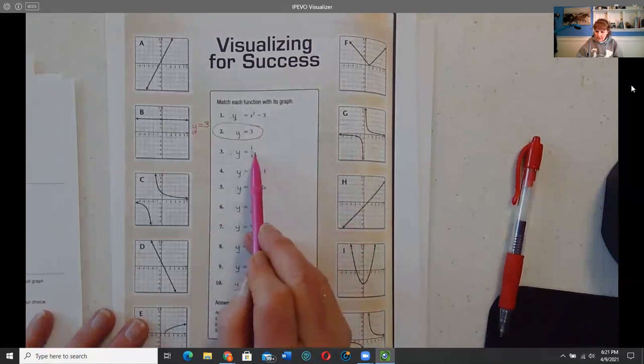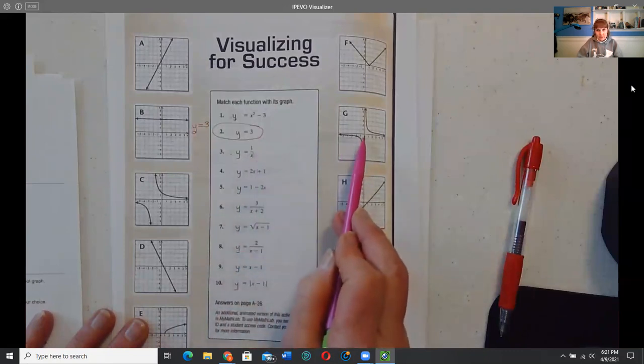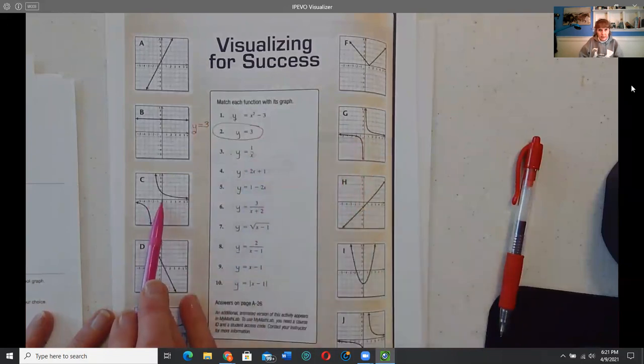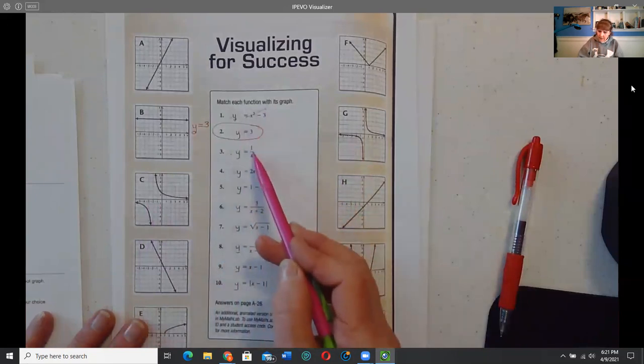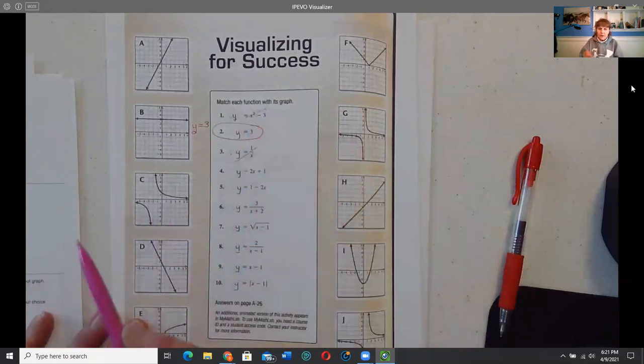If you have a variable in the denominator, your graph is going to look similar to this one. This c is also that idea. So this is not a linear function. So this is not linear and this is not linear. You can't have a variable in the denominator.